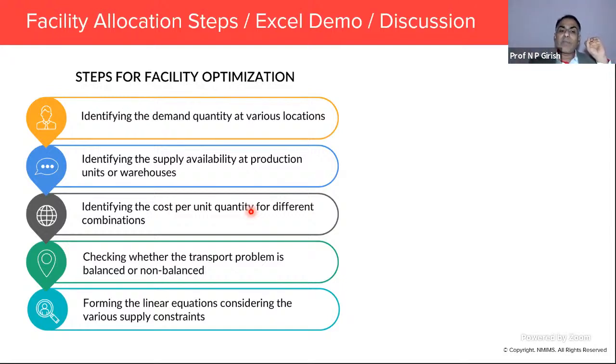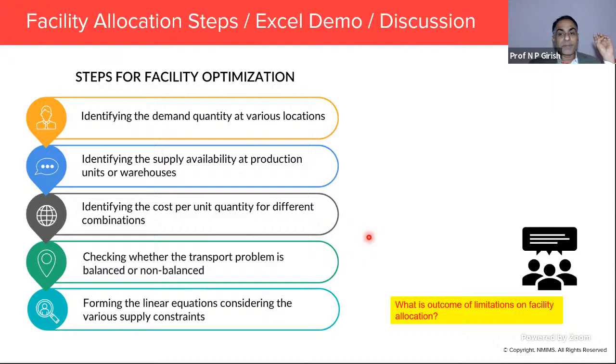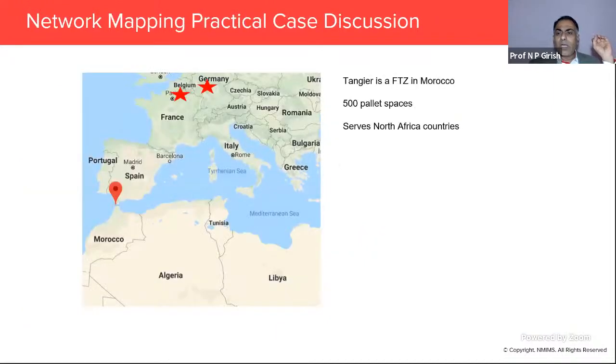Remaining 20 has to come from somewhere else. Only for the sake of understanding, don't need to get confused about it. So you're talking about the demand center, demand quantity, supply center, supply availability, cost of transportation, that's all. Same as network optimization. Now, we will take a look at the example and then come here.